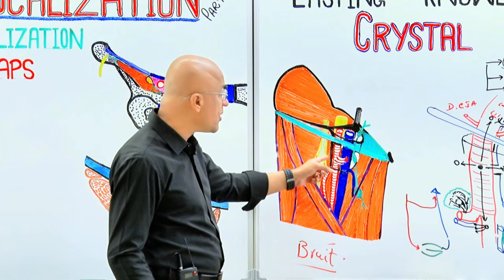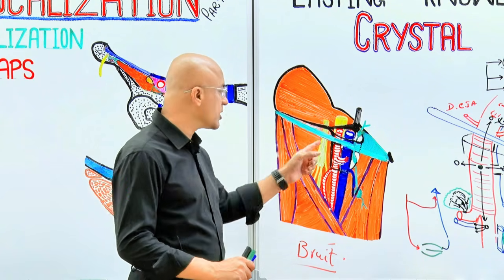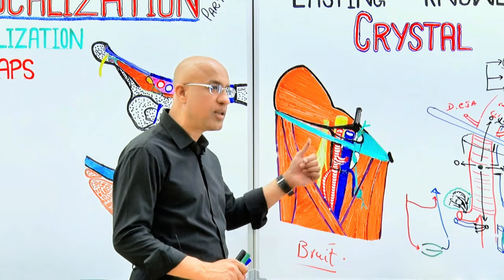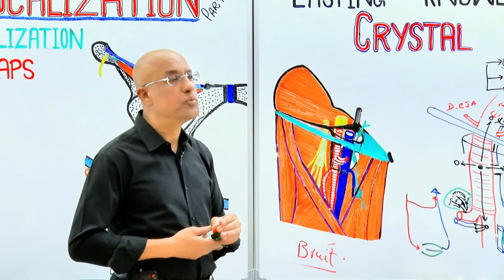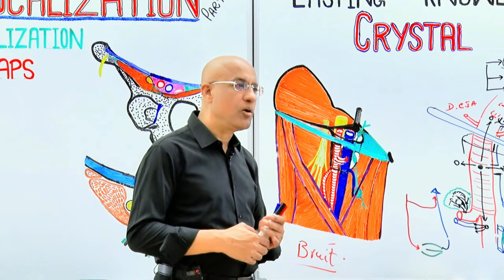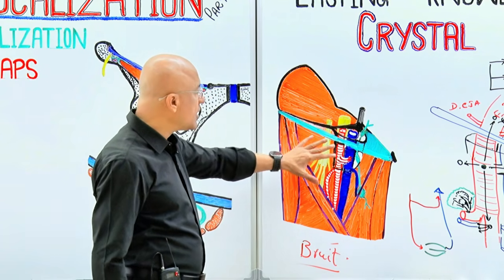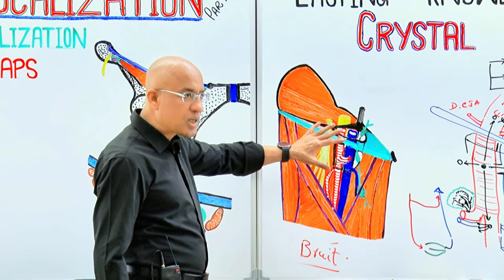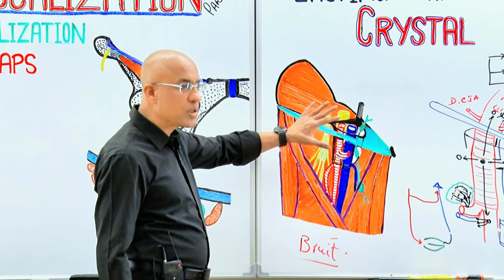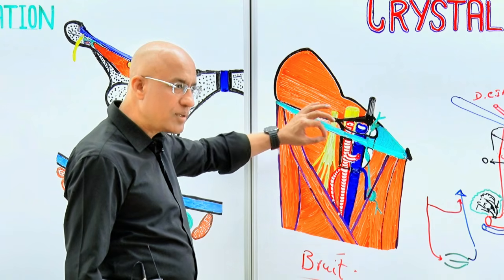So if a hematoma forms and surrounds the nerve and compresses the nerve against the muscles, it may eventually lead to compression neuropathy of the femoral nerve, right? So these are the complications which can occur when you are doing common femoral artery puncture.